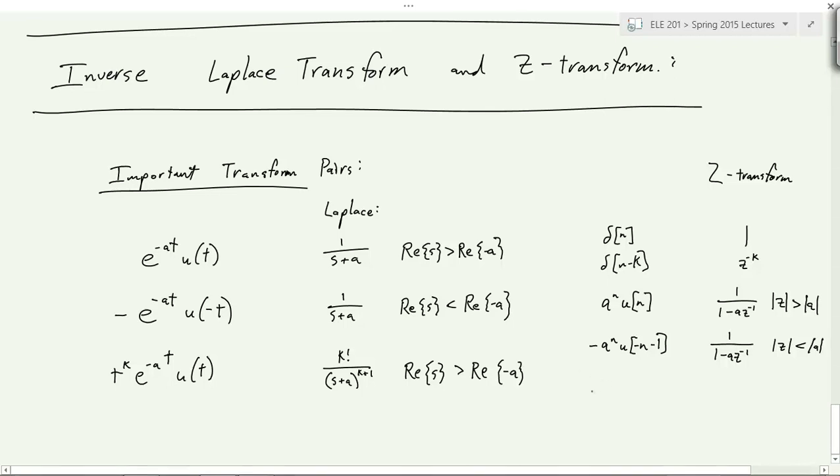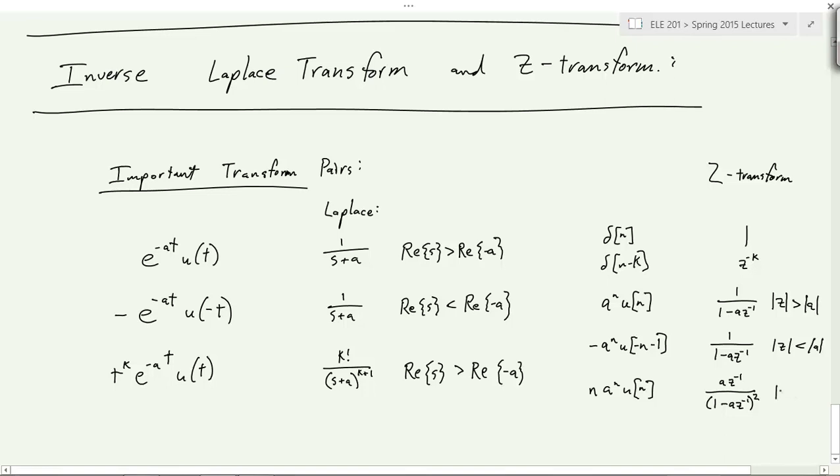Actually, I won't even do the high order polynomial. If you have n times a to the n u of n, then again you get 2 poles at the same location: 1 minus a z inverse squared, and it's a z inverse up here.